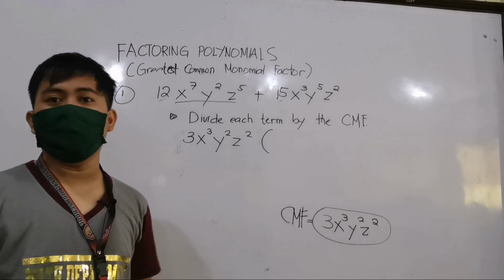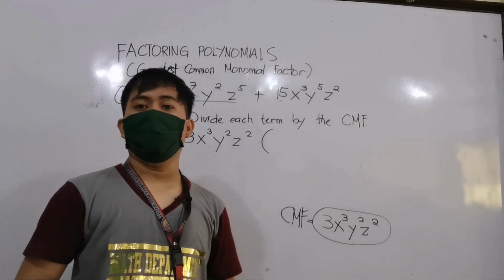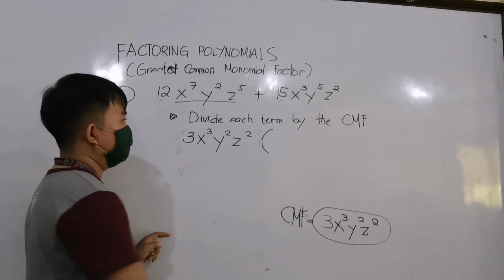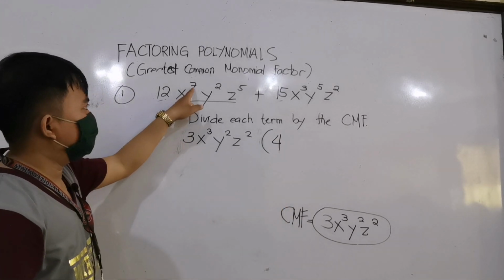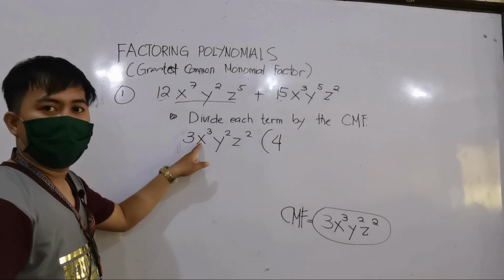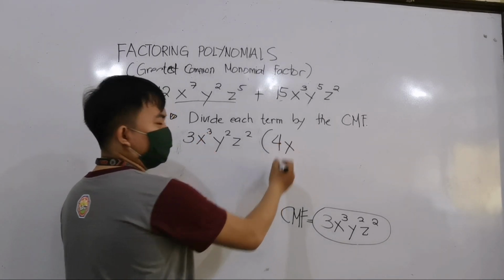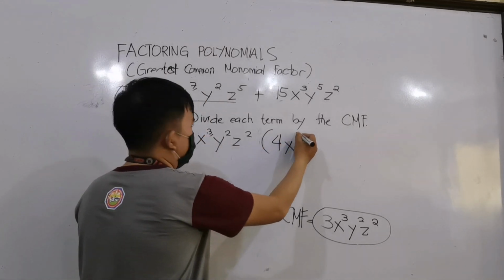Kagaya ng sinabi ko kanina, you must know how to divide numbers as well as polynomials. 12 divided by 3, that will give you 4. X raised to 7 divided by x raised to 3, they are common, and you will subtract their exponent. 7 minus 3, that will give you 4.